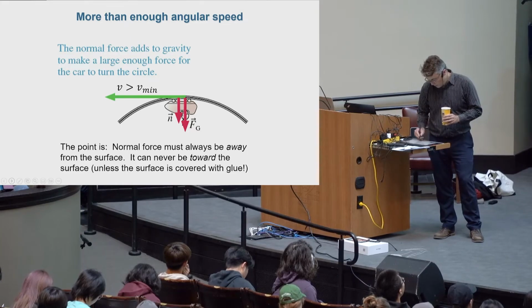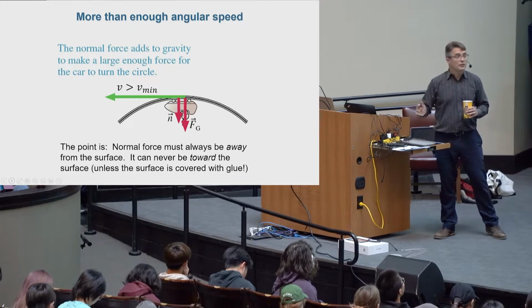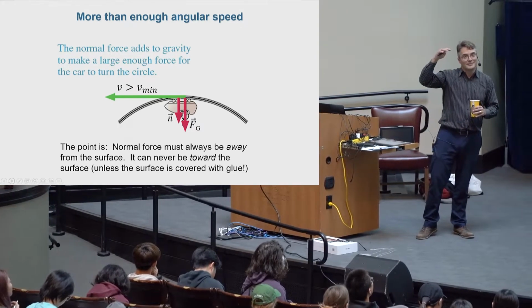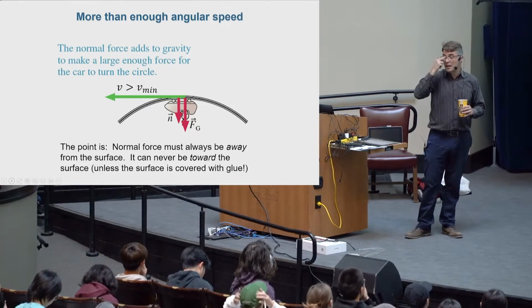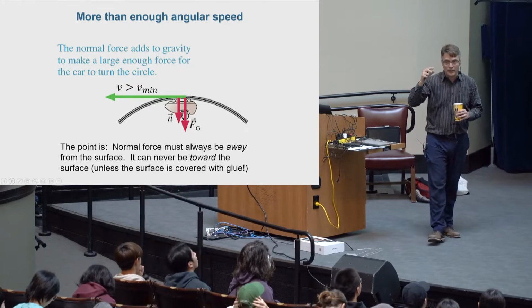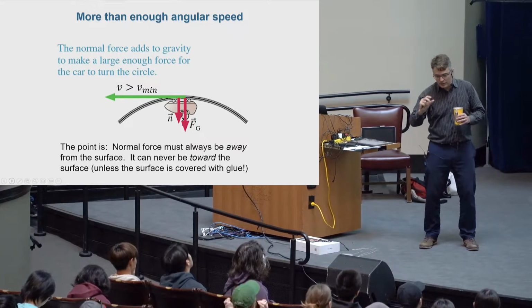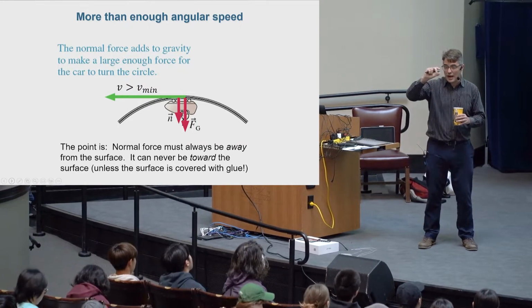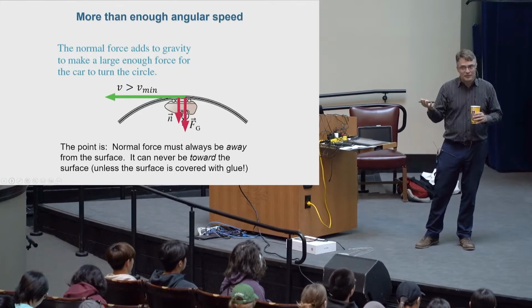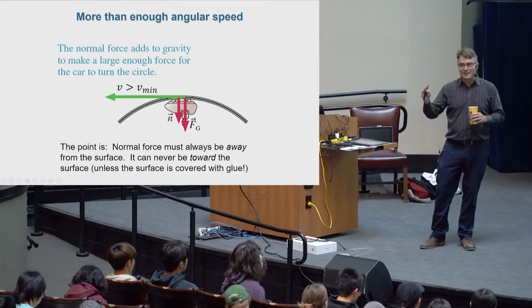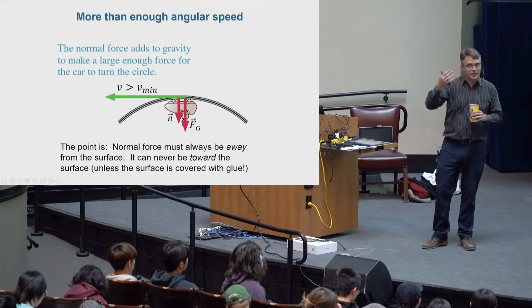The point is, normal force must always be away from the surface. If you're going too slow, you can't, unless there's glue on the wheels. At Canada's Wonderland, the wheels are designed to be on both sides of the track, so they can actually pull. But with most roads, normal force can only push, it cannot pull.